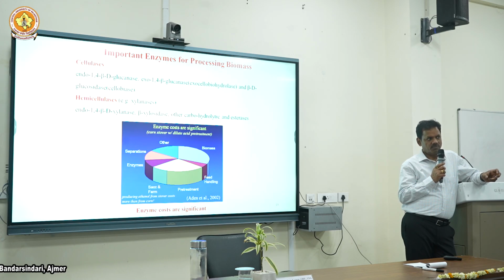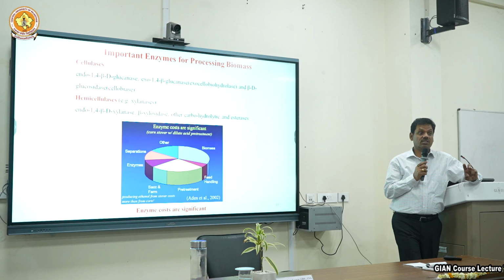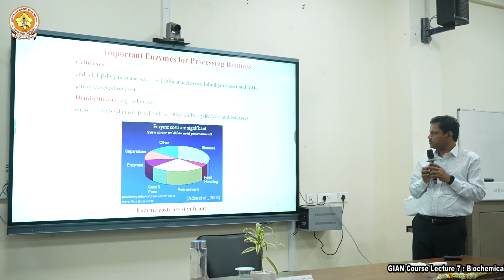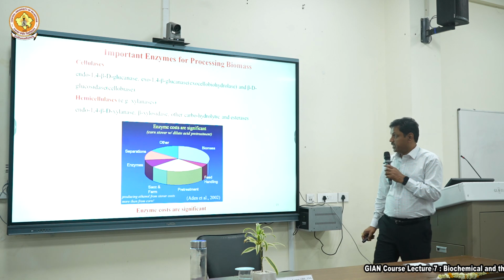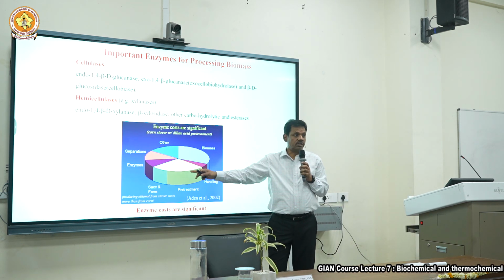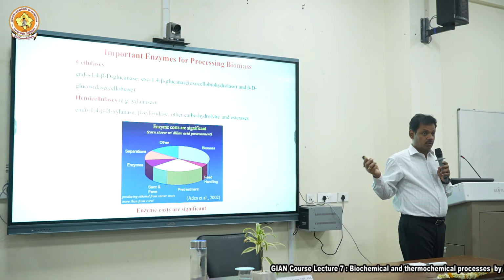If you don't do very good pre-treatment, then you need more enzyme. So they are not independent. You need to balance how much to do. Together that makes a big component of the cost. If you join enzyme cost and pre-treatment cost together, 40% of the operating cost goes there.